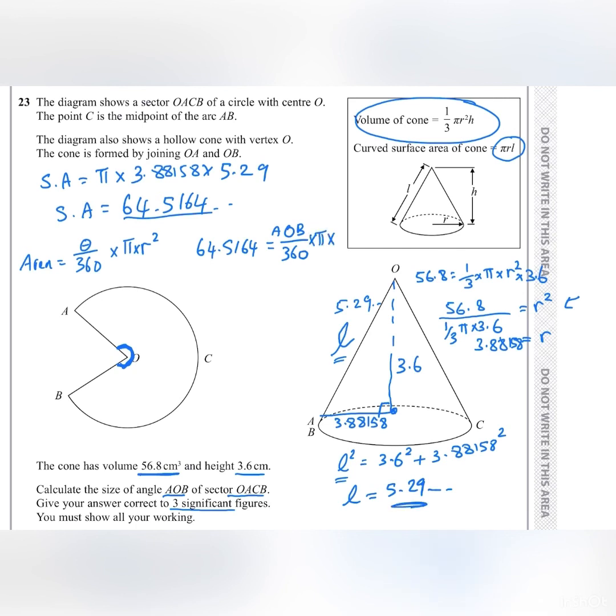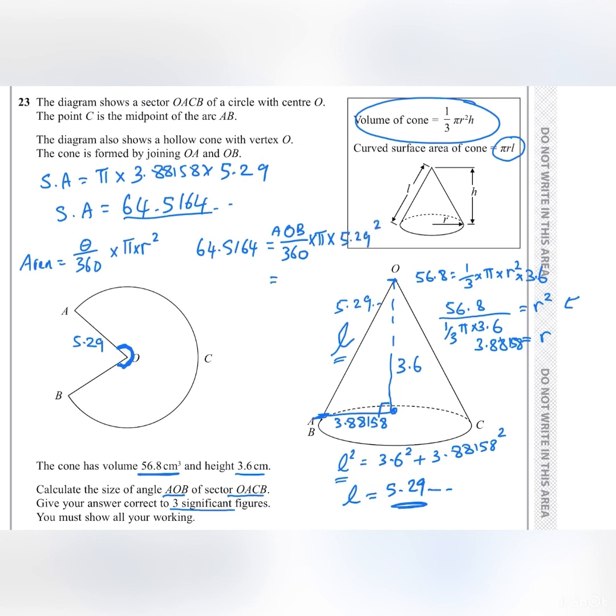Now r, if you look here, A to O is the length of the slanted length of the cone, but it's also the radius of the sector, which is 5.29. So 5.29 squared.